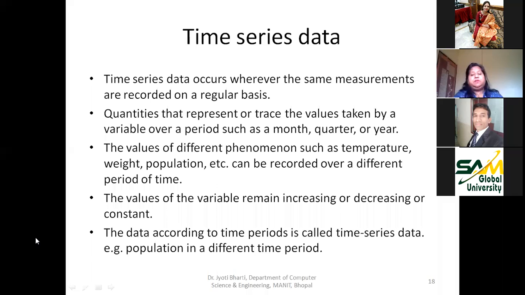The data according to the time period is called time series data, for example population in different time periods, as well as use for weather prediction: in the month of May, in the month of June, how much humidity there would be in the last 10 years, and whether this year it is less or more compared to the previous year. So this is the time series. Time by time it is recorded and that has been used for research purposes.